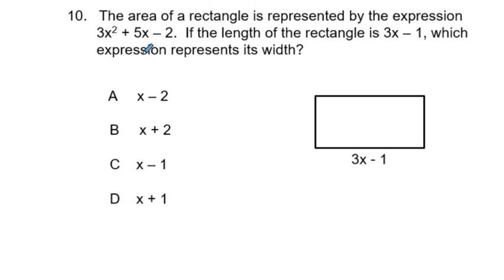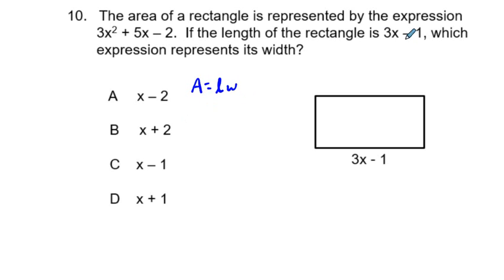Now, in 10, we have this problem. We have an area of a rectangle. It's a very simple problem, but written out in a way that's not going to be as familiar to some. And so we have to know that the area of a rectangle is equal to length times width.